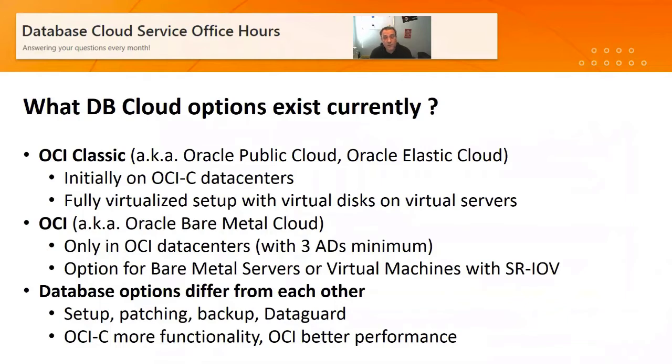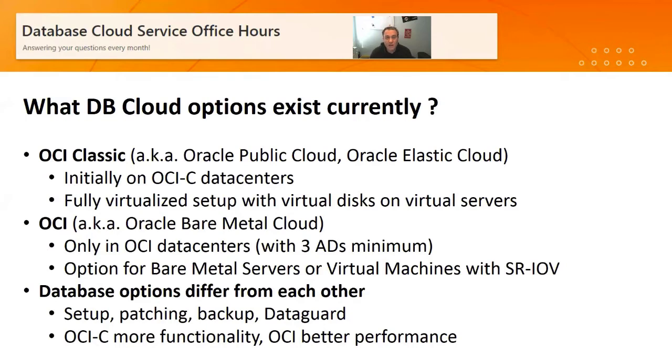And then there was the Oracle Bare Metal Cloud, or OCI as it was called. So it was only in OCI data centers. We have 3 at this moment in the world. There are a couple more being built. And every OCI data center had 3 ADs. And that was really nice, because you could now do a very good disaster recovery within the area with a guaranteed bandwidth, with all kinds of nice, interesting features that only came with the Bare Metal Cloud.